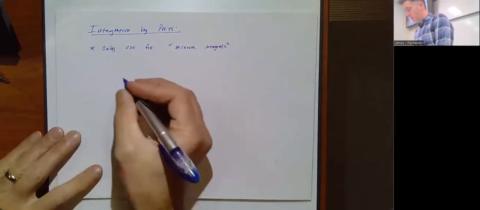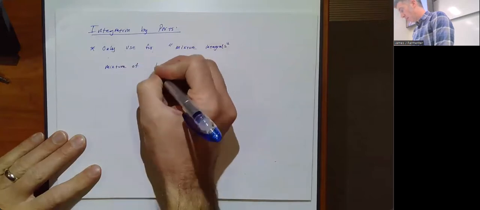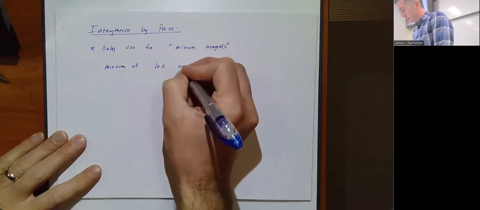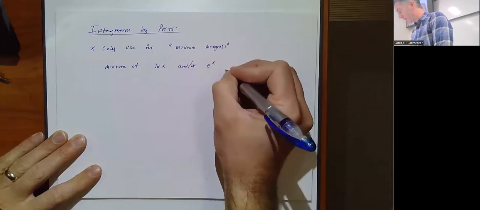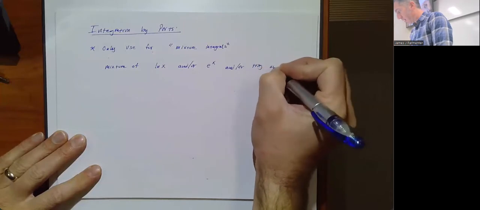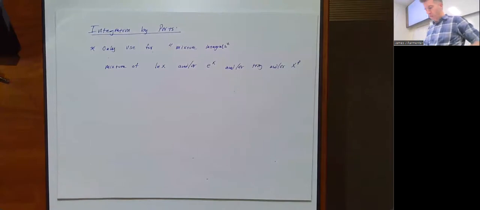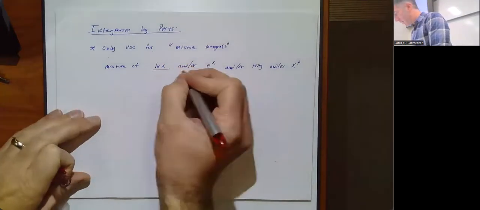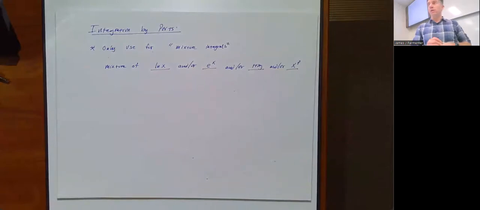Typically a mixture of a logarithm, an e to the x, a trig function, or x to a power. Those are the four main types of mixtures you look for when doing integration by parts.